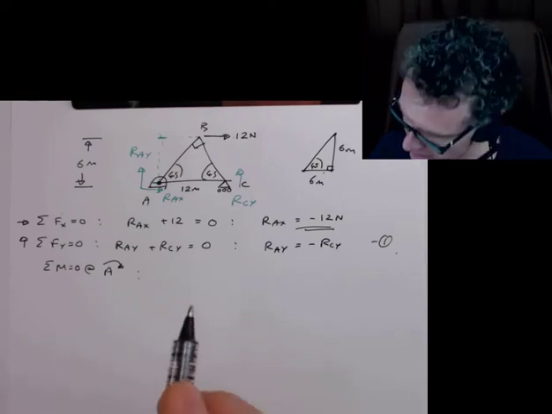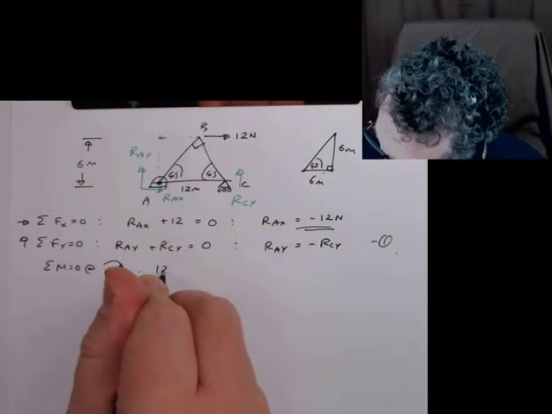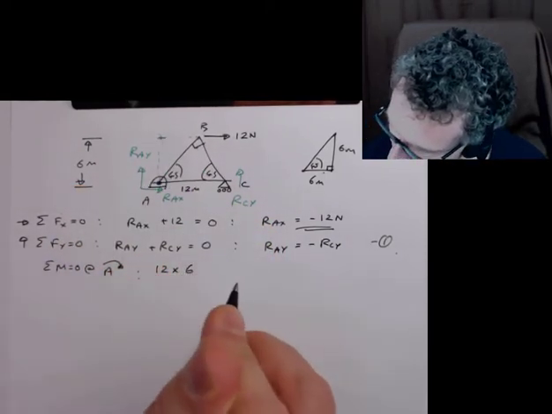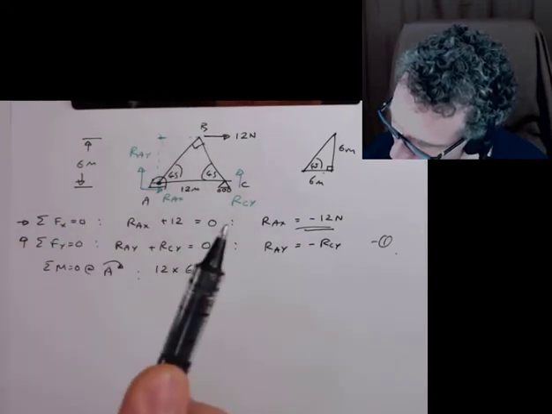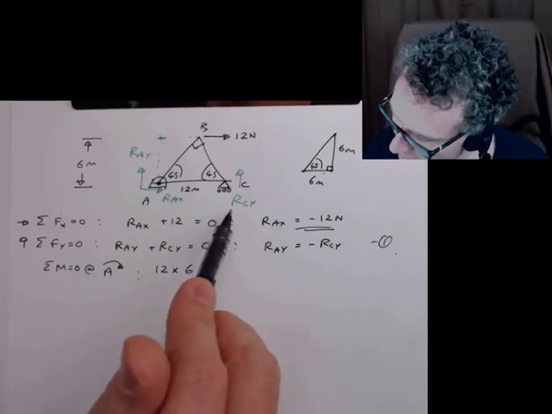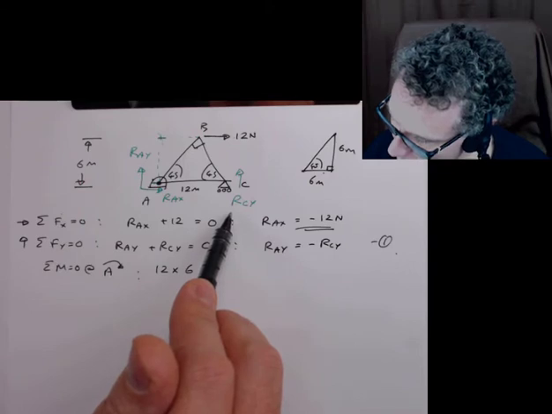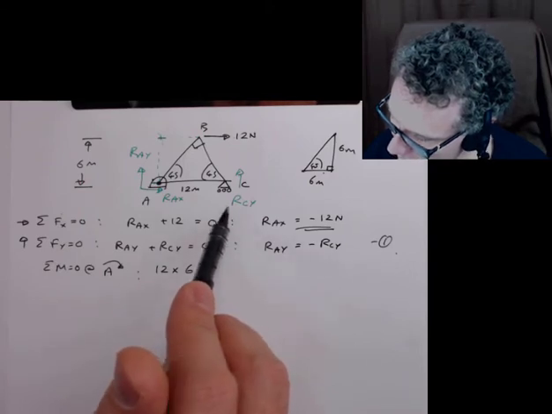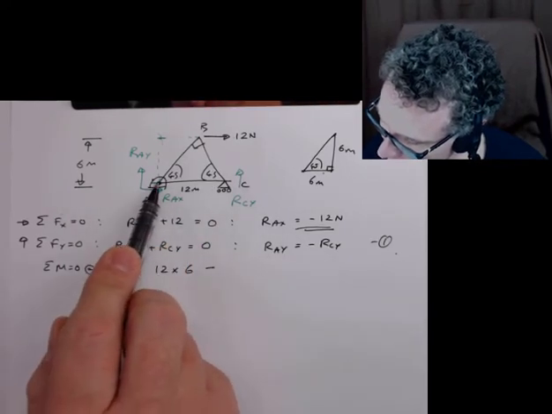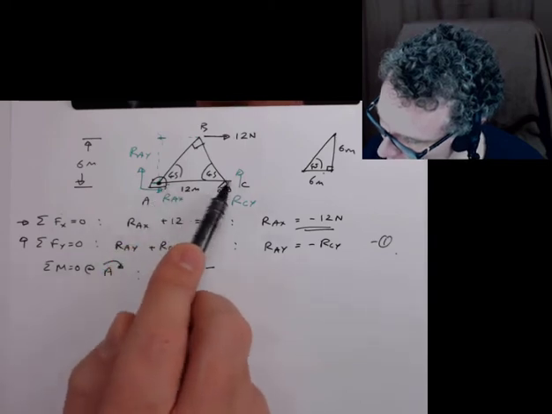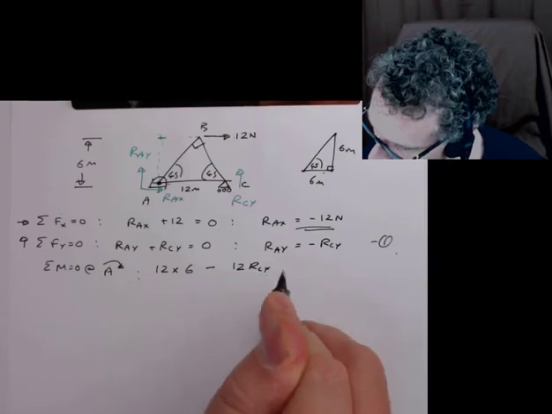Right. So we know that we've got a force of 12 going in this direction. It's a distance of 6 meters away from the pivot. So that's going to give me my first positive moment. Here it's going to be minus, and actually from here to here will be 12 meters, so that will be minus 12 RCY.